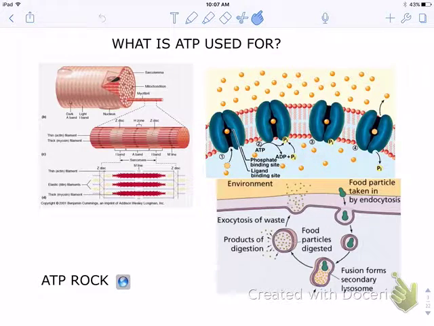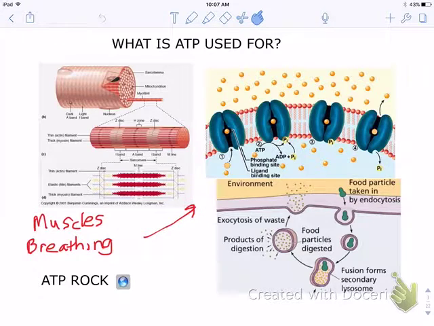So we use ATP when we move our muscles, when we do things in our body that we're unaware of, such as breathing, regulating body temperature, and we use it for active transport.